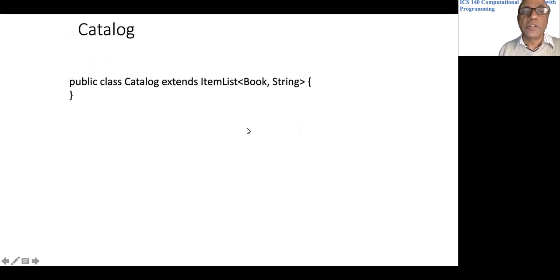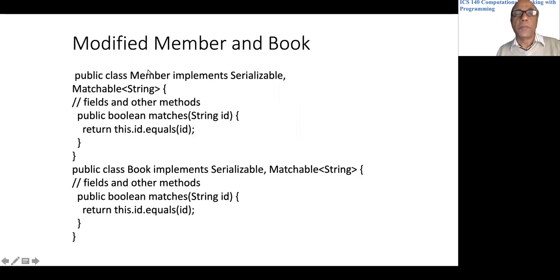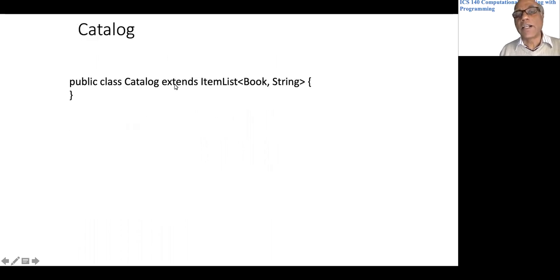And now that is actually taken care of by member and book because they implement the matchable interface for string. And now we can write catalog extends item list book comma string, because book implements the matchable interface for string.